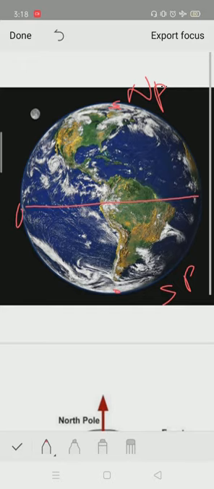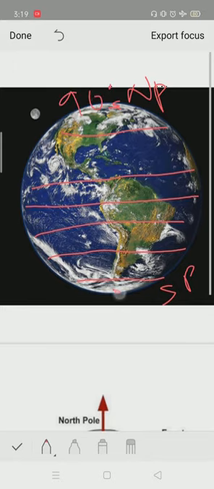Every other latitude above it will be 1 degree north, 2 degree north, 3 degree north, that way. If we move towards the south, it will be 1 degree south, 2 degree south, and 3 degree south and so on.